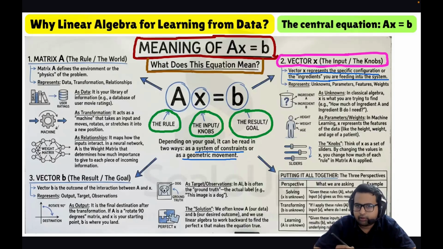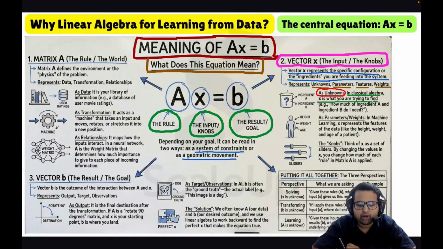So vector X can represent either the unknowns, the parameters, the features, or the weights. If the vector X is representing unknowns, then in classical algebra, X is what you are trying to find.